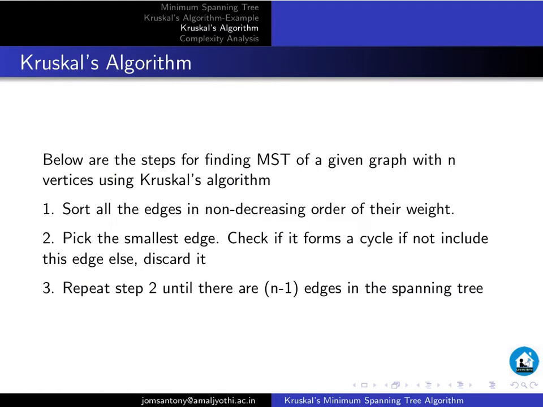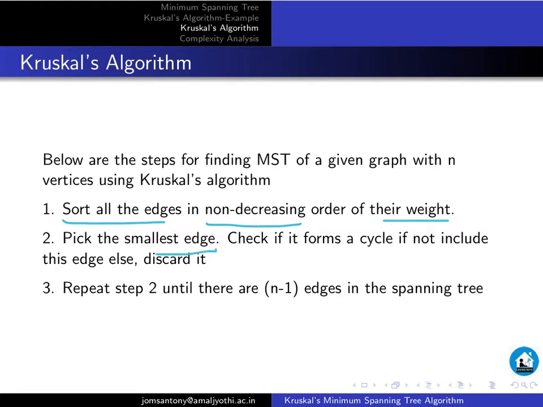The algorithm can be explained like this. The first thing that you need to do is to sort all the edges in non-decreasing order of their weight. Once you have sorted all of them like that, the minimum cost edge will occur in the first position, and then it will be easy for you to choose the smallest edge.